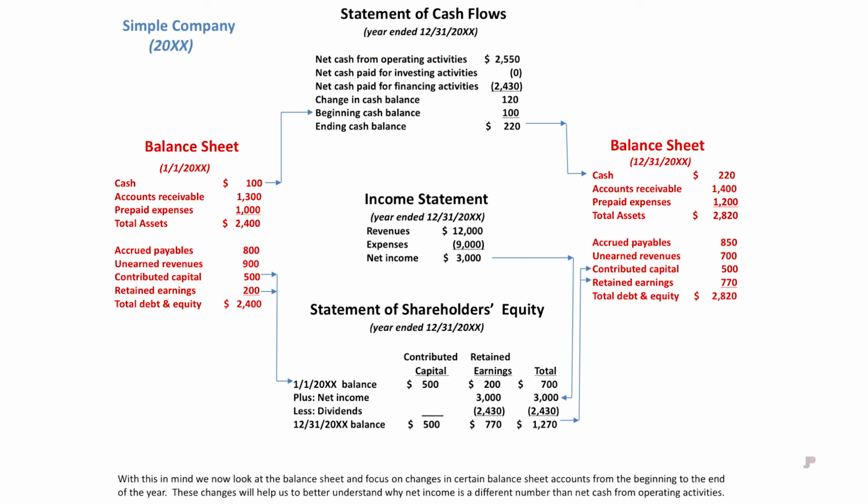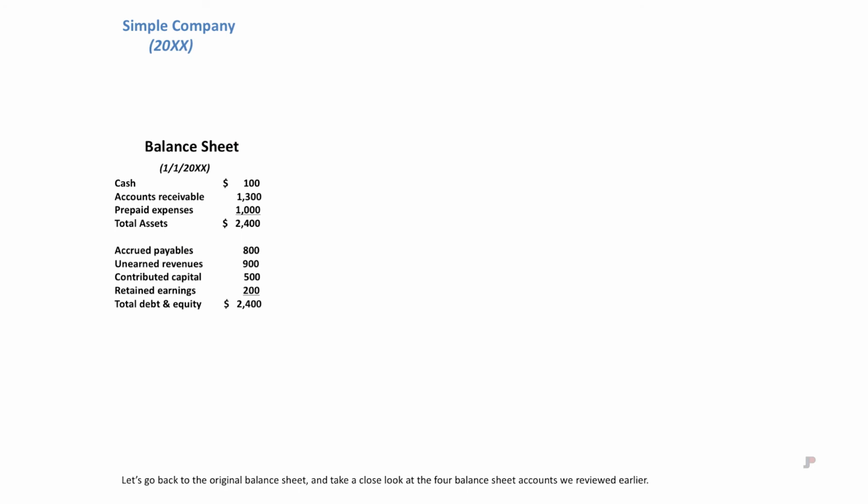With this in mind, we now look at the balance sheet and focus on changes in certain balance sheet accounts from the beginning to the end of the year. These changes will help us better understand why net income is a different number than net cash from operating activities. Let's go back to the original balance sheet and take a close look at the four balance sheet accounts we reviewed earlier.